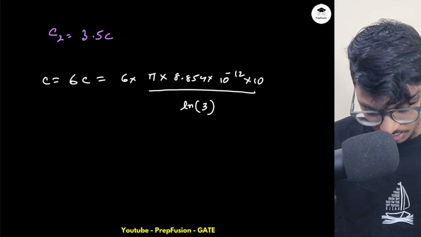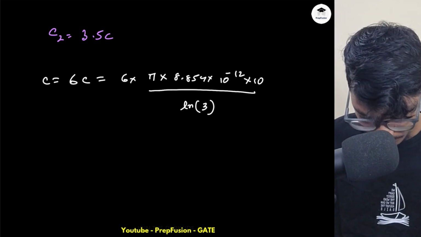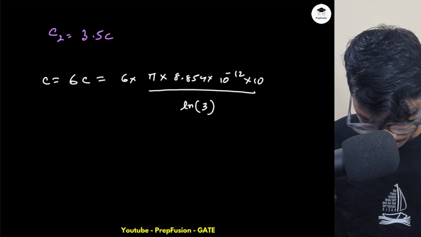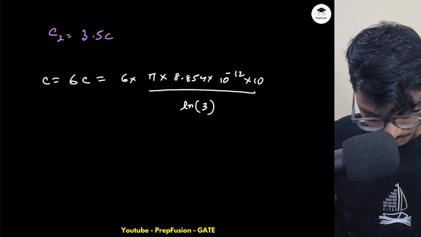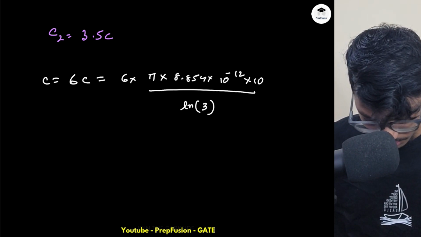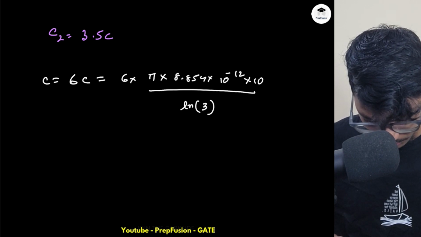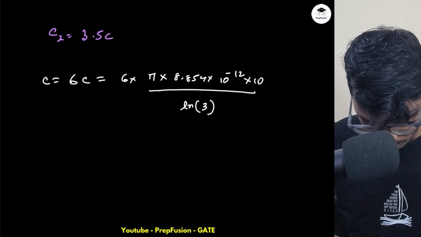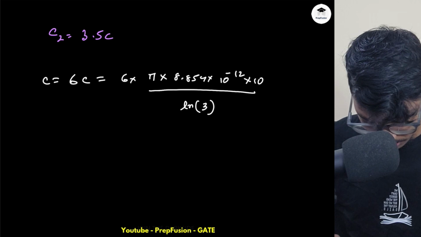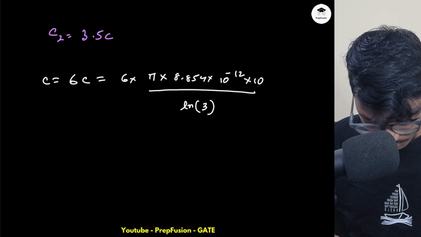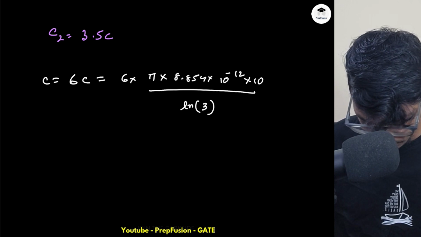So what will it come out to be? 8.854 into 6 into pi, okay, something I made a mistake.